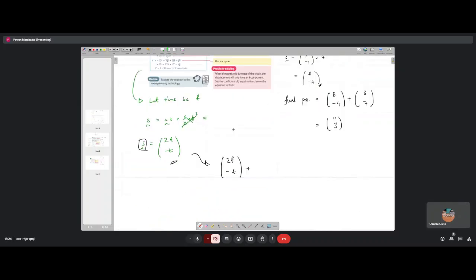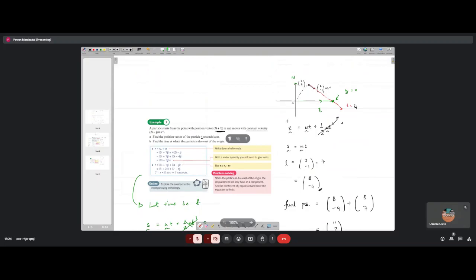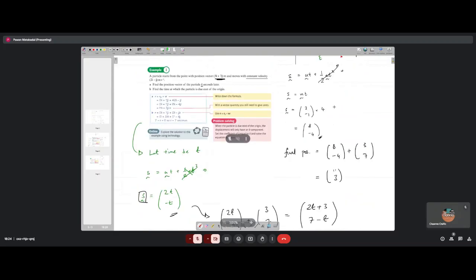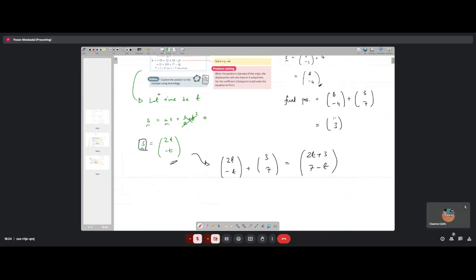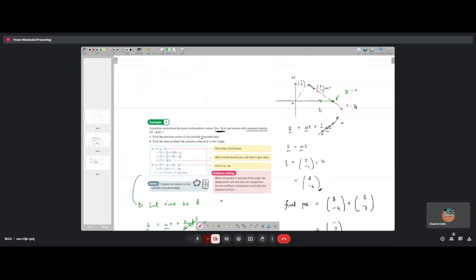So that was 3, 7, right? So then you would have 2t plus 3, and then 7 minus t. And remembering that because it has to be due east, the y value has to be 0. So what they've done is they've equated this to 0. So t is just 7. Does that make sense?